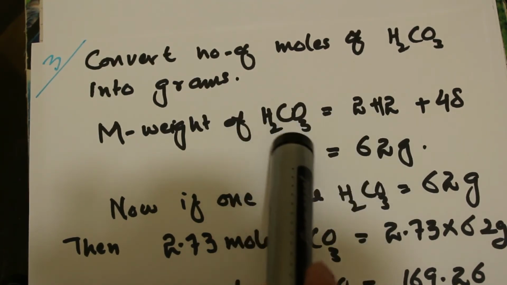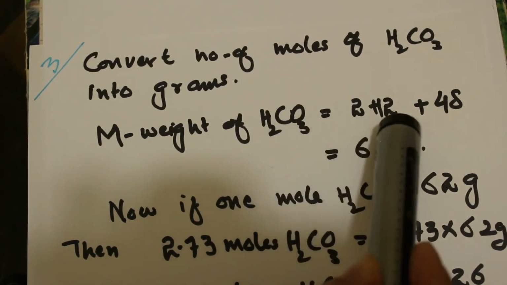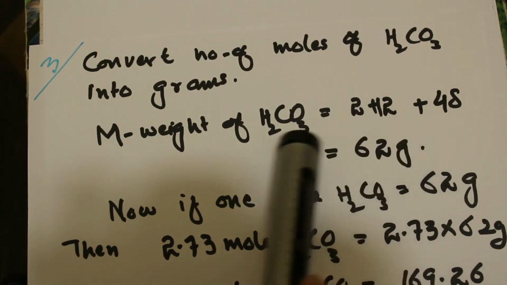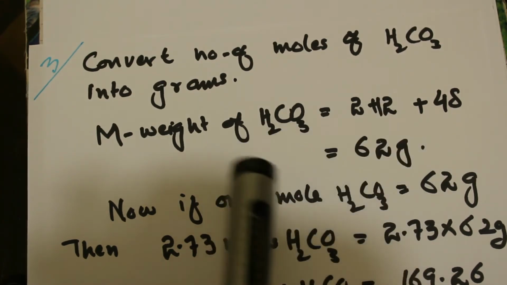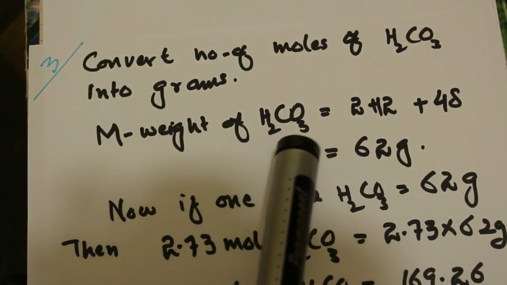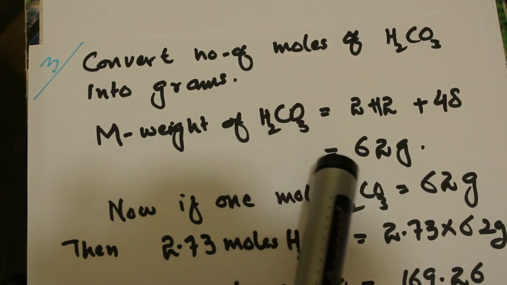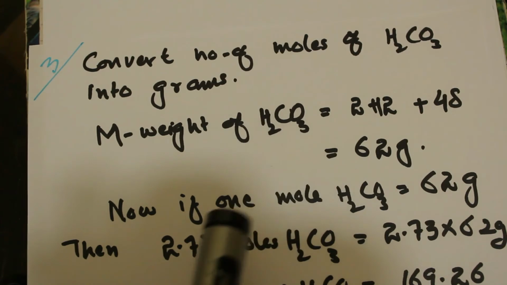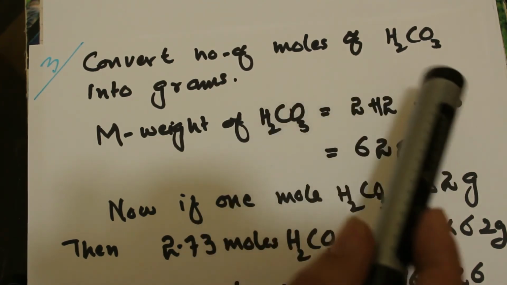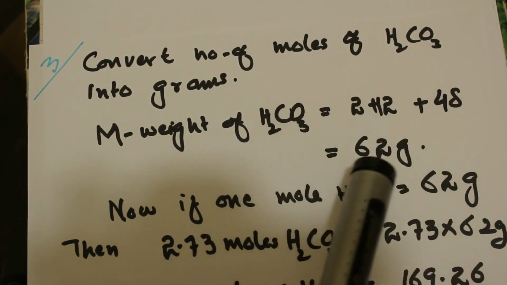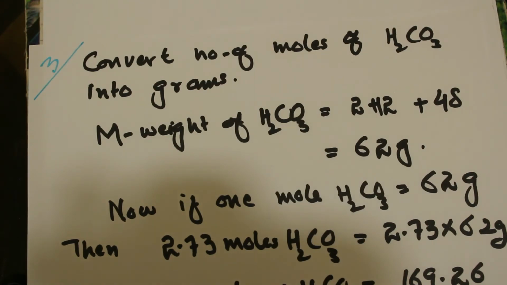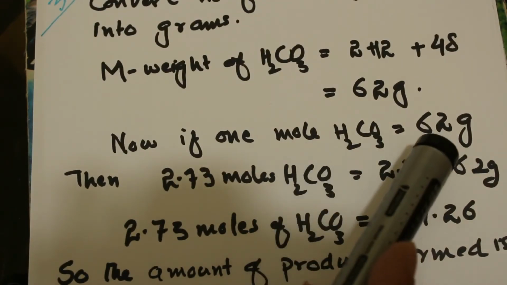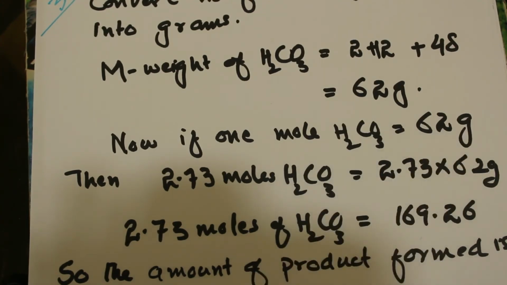Here the number of carbon atoms is 1, so we just write down the atomic mass for 1 carbon atom, which is 12, and then the atomic mass for oxygen is 16. We multiply it by 3 because here we have 3 oxygen atoms. We add these values and we get 62 grams. So we know that 1 mole of carbonic acid is equal to 62 grams.